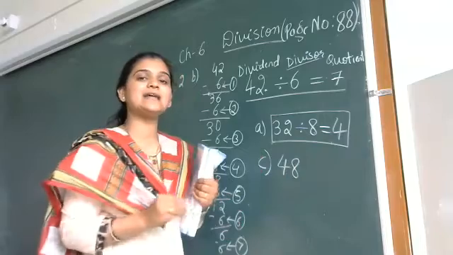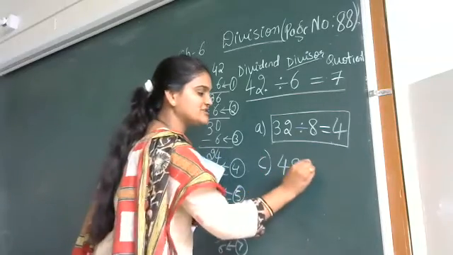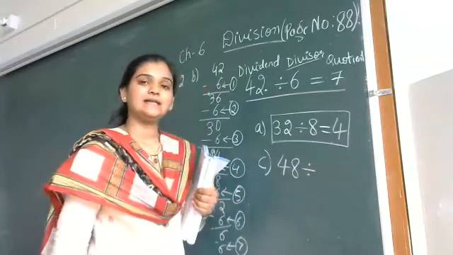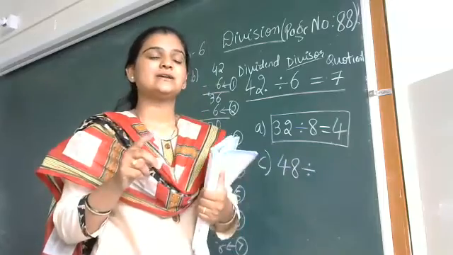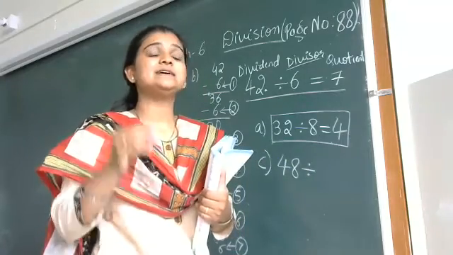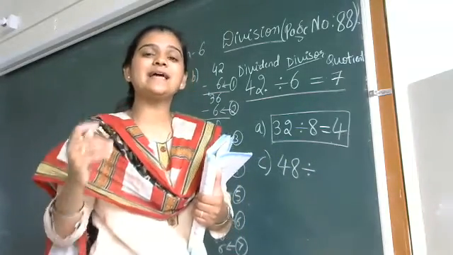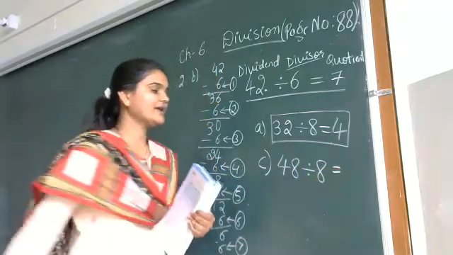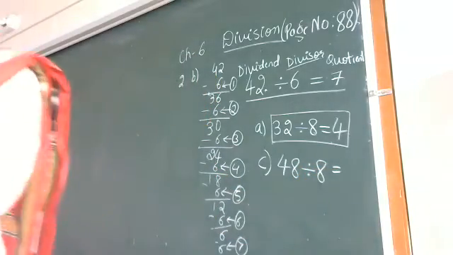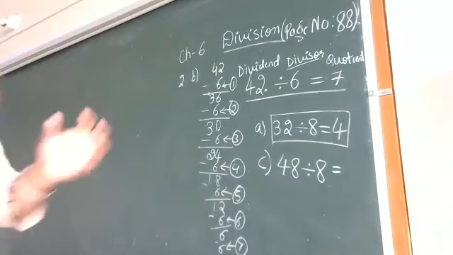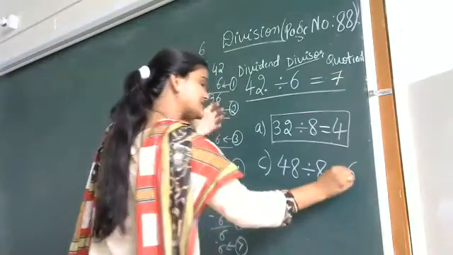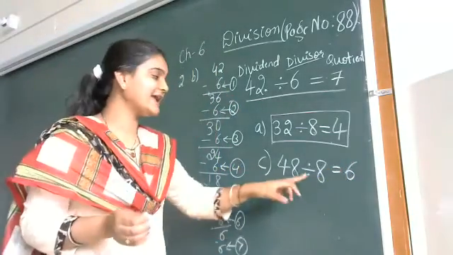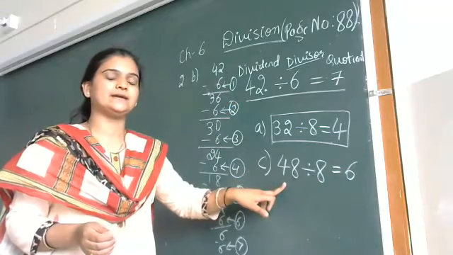Yes, 48 is our dividend. Put a division sign. 8 is our divisor. The divisor is the number that has been subtracted. So 8. How many times? It is 6. 8 has been subtracted 6 times from 48.